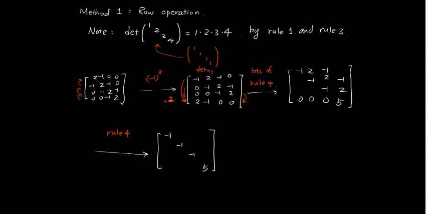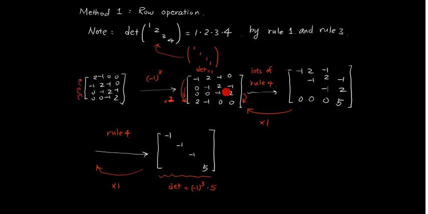Now, this guy has the determinant equal to -1 to the third power, and then multiplied by 5. And when you go back to the previous matrix, the determinant is the same, multiplied by 1, because it is lots of rule 4, and these 2 steps do not change the determinant. So this guy, the determinant is -5.